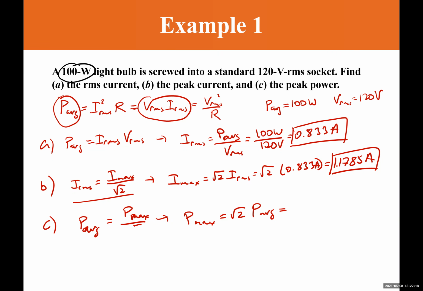The average is half of the maximum, so the maximum is two times P average. So 2 times 100 watts gives you 200 watts. That will be the maximum power, or peak power. Remember, from the graph, the average is always half of the maximum.